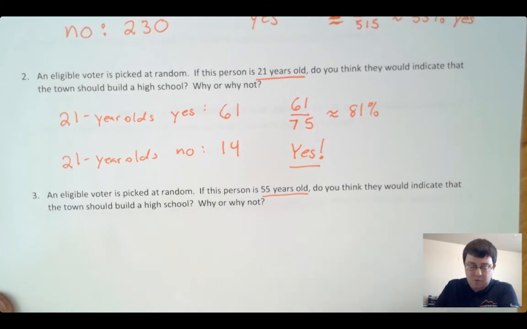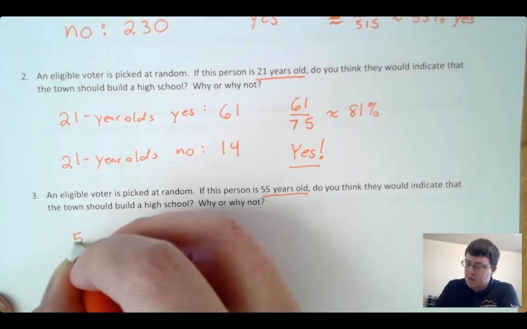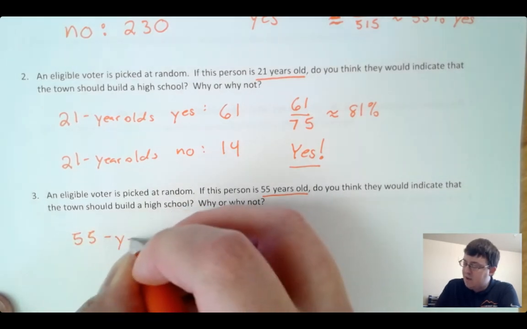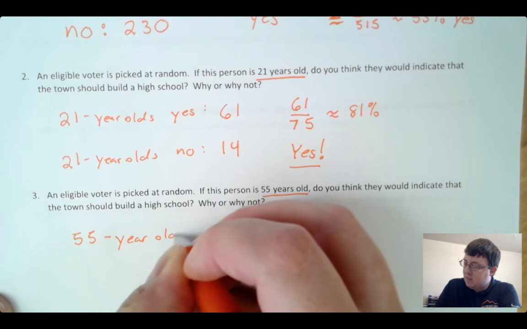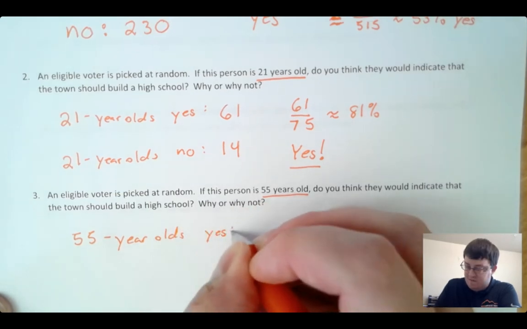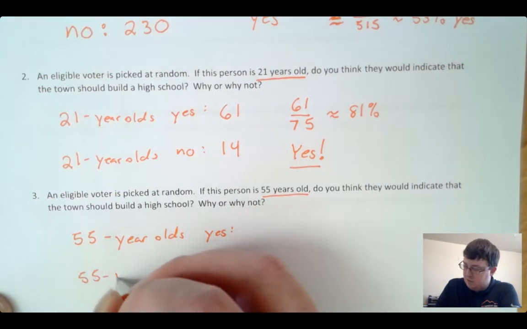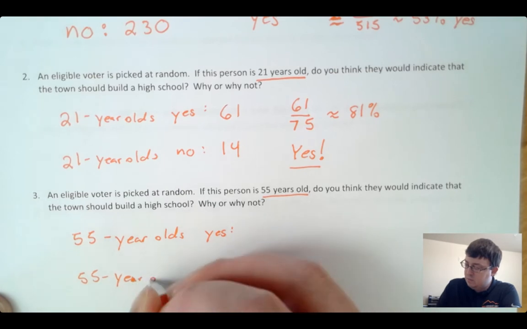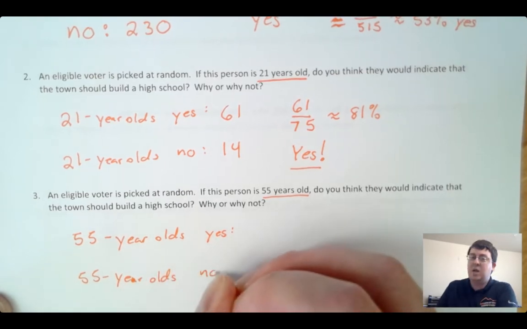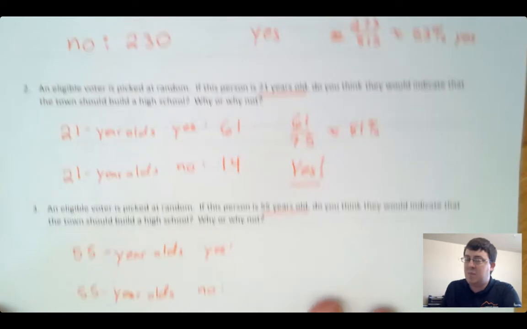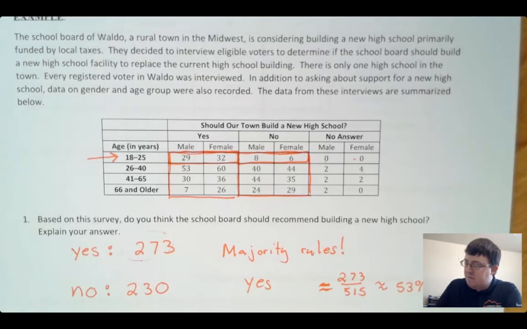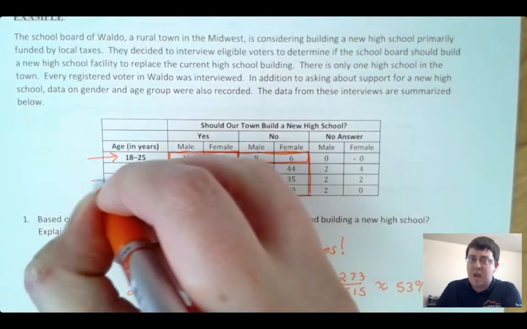Okay, so hopefully you did that problem here. I want to look at the 55-year-olds that voted yes and the 55-year-olds that voted no. So if I go up to the top again where my table is, 55, that person's going to be in this age group.